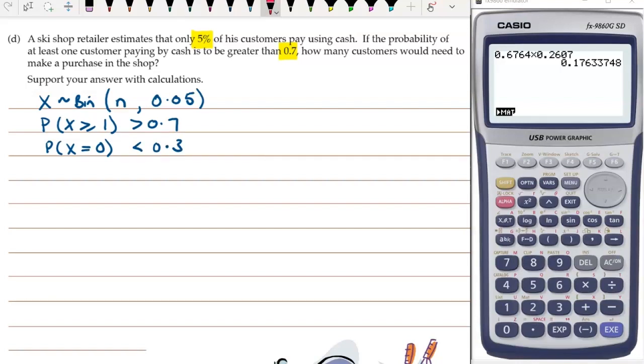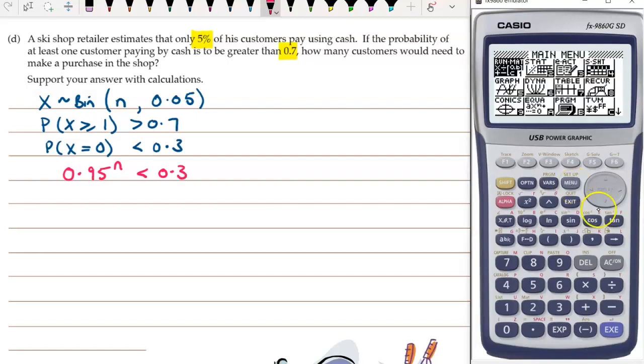Now on a binomial, for the probability to be equal to 0, it means that every time the criteria failed, so the failure probability is 0.95 because our success probability was 0.05. That was to the power of n. Every single trial of this was a failure. So that has to be less than 0.3.